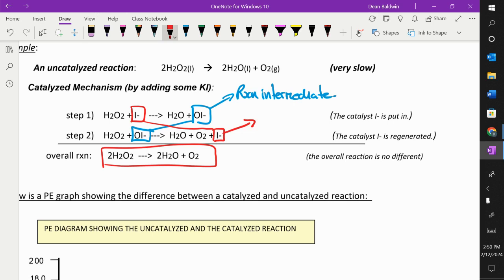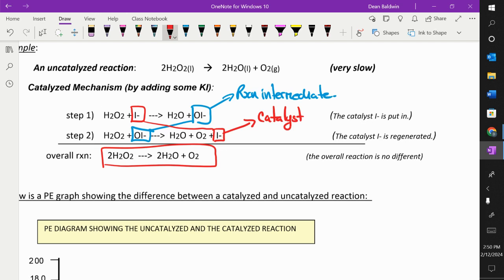And then it pops out at the end. It'll disappear inside of it, and then pop out at the end. That's the definition of a catalyst. Okay? So a catalyst is added in, and then you get it back at the end. Now, it might be hard to pull it out of solution, but you can theoretically get it back.